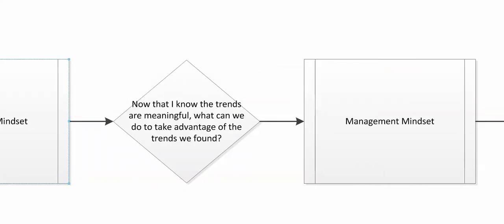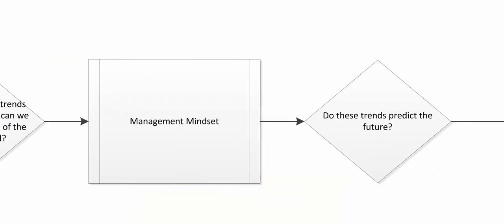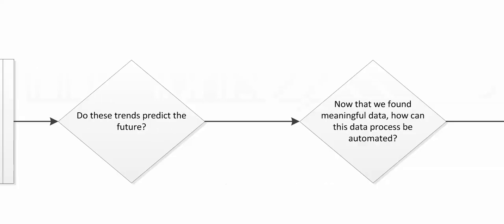But let's say that the trends are meaningful. Now that I know the trends are meaningful, what can we do to take advantage of these? And again, put marketing managers, operations managers, they're going to take that meaningful data and they're going to do things with it and try to improve business, improve society, whatever they're up to.